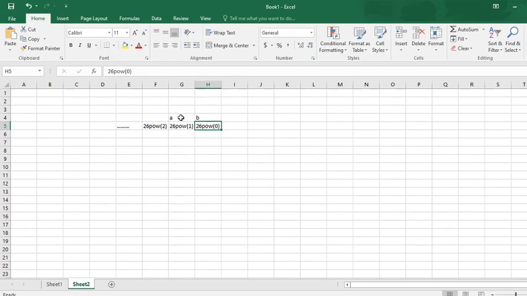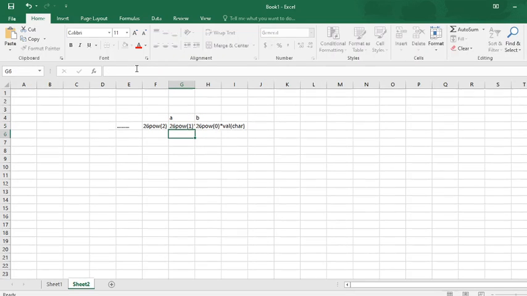In order to solve this problem, we have to multiply each power with the value of the character. For this, we have 26 to the power 0, which is 1, and we multiply it with B, which is 2, so we get 2 here.